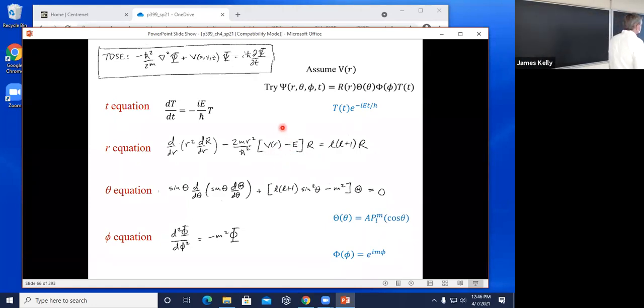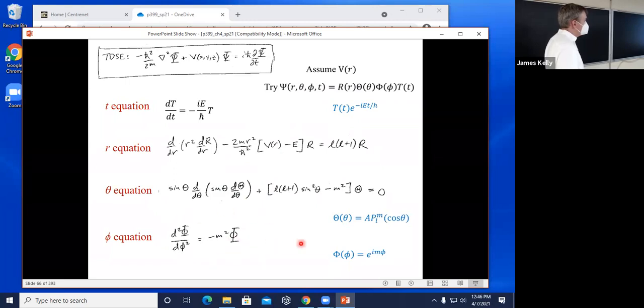So we need to know the potential energy function as a function of r to solve this. So we're going to put that off longest. The theta and the phi equations don't depend on the potential energy, so we can just solve them straight away now. And once we do this, we'll be able to get our separable solutions, which, just like before, are the definite energy solutions. The phi equation's easy to solve. It looks like a harmonic oscillator.